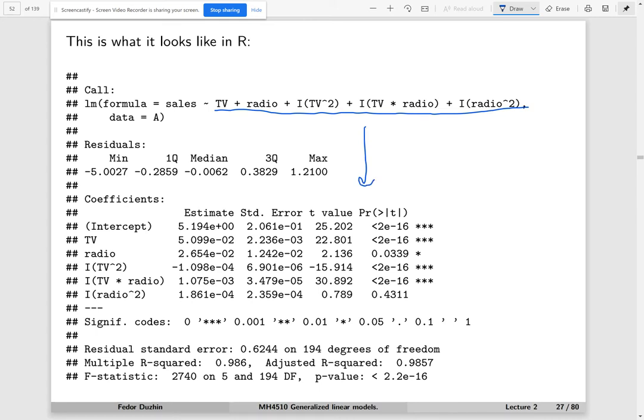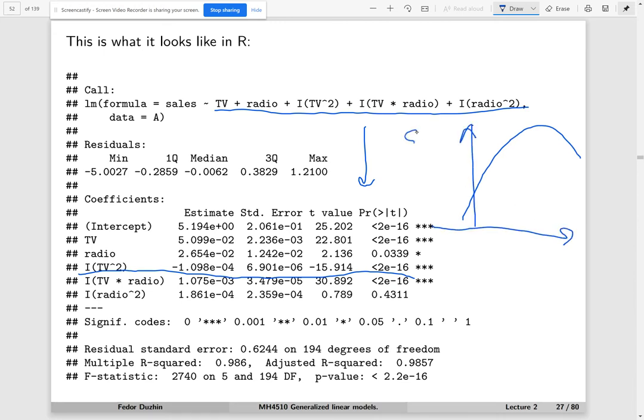Okay, and now we see that it makes sense, right? What it tells us is that the coefficient at TV squared is negative, right? So it means that with a fixed budget for radio, if we just look at the outcome of our campaign as a function of the budget for TV, then it is a quadratic function with a negative coefficient at the quadratic term, right? So it looks like a parabola upside down.